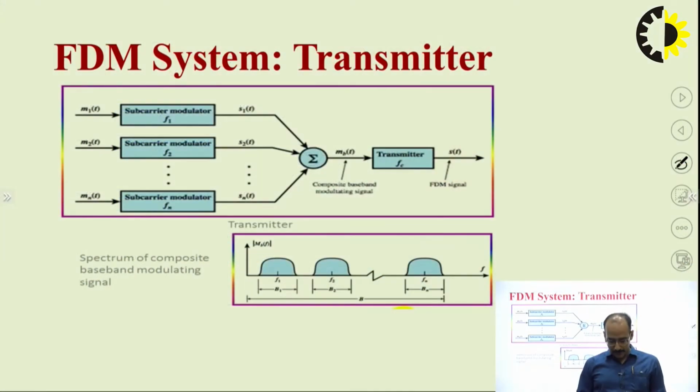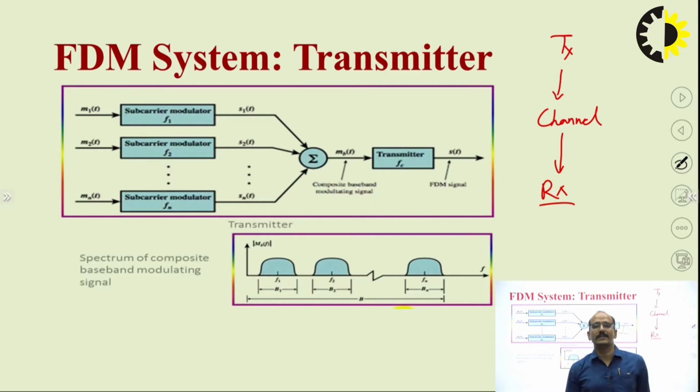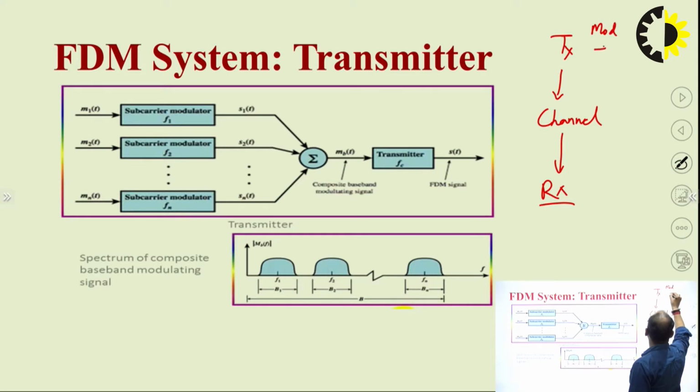As I told you earlier in the previous lecture, in a telemetry system we create the data at the transmitter, then that data goes through the channel and is received at the receiver. In this complete process, at the transmitter we are performing two things: modulation plus multiplexing.